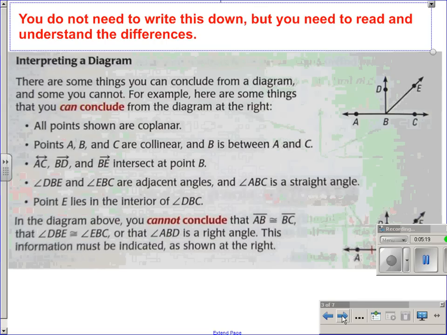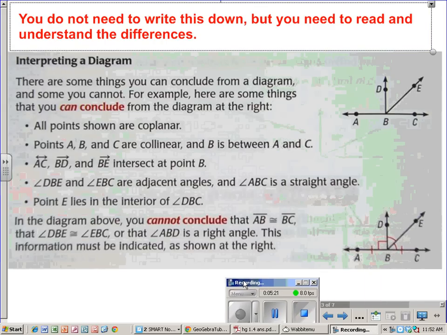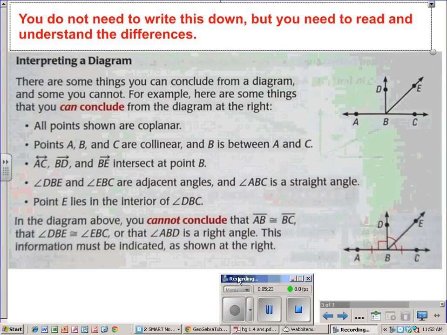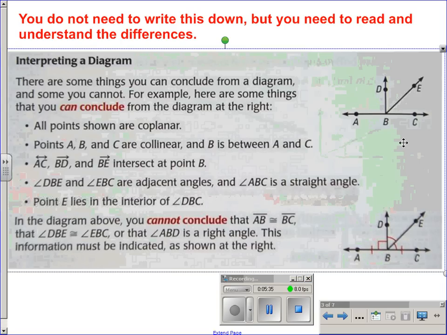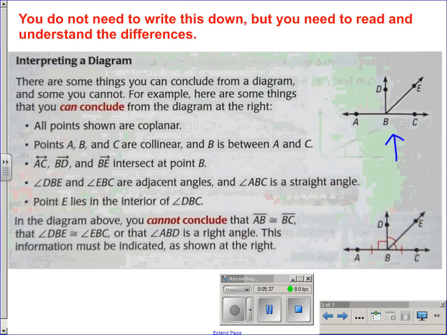Okay, this last thing is very important. That's why I put it in the notes. It's not something you have to write down, but you have to look through it. In all of geometry, there's a common mistake that is made looking at a picture. This top picture here is what you're given. All of these little bullets here are things that, from the picture, you can say are true.